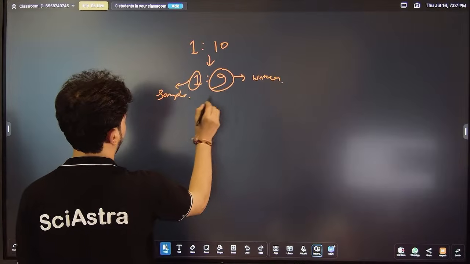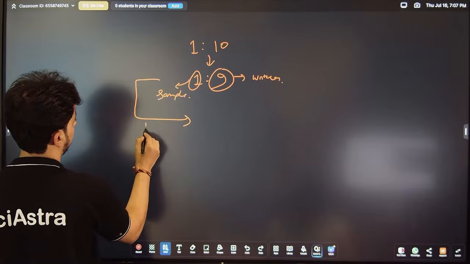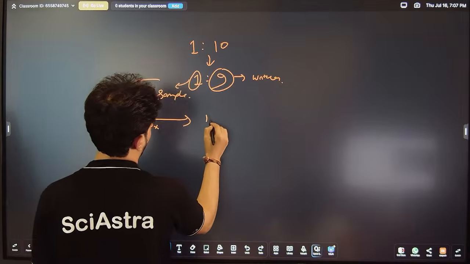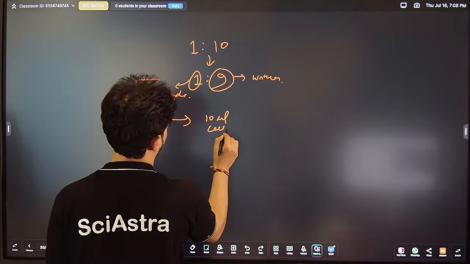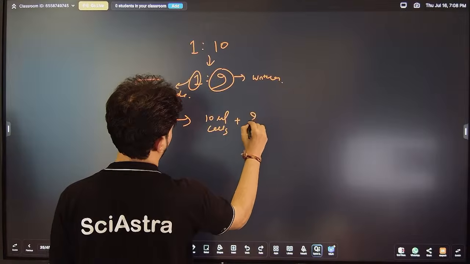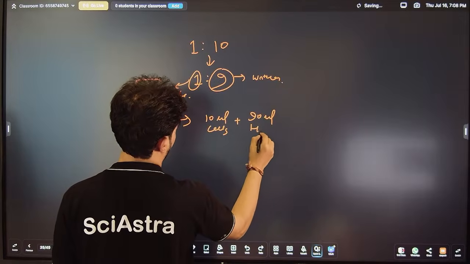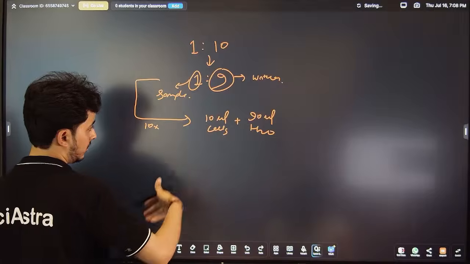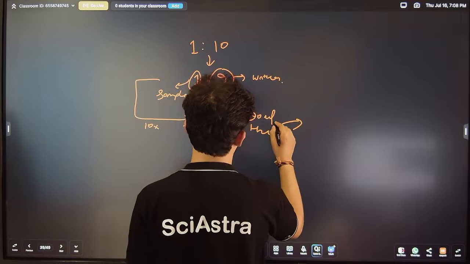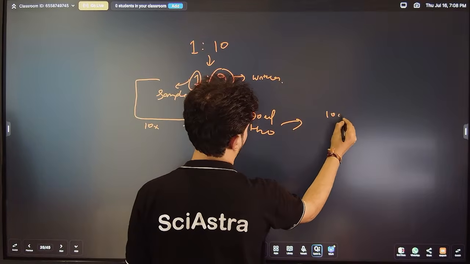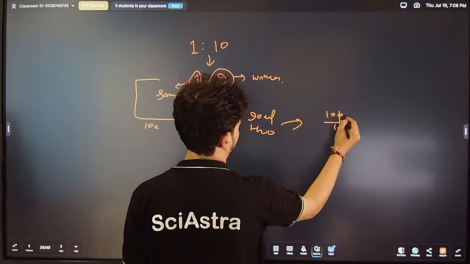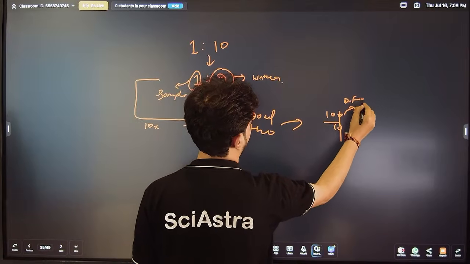Now, if you multiply it with any number, let's say you multiply it with 10, so you have 10 microliter of cells. And if you add 90 microliter of water, then finally it will become 100. So 100 upon 10, this is 10 times diluted. The dilution factor is 10.